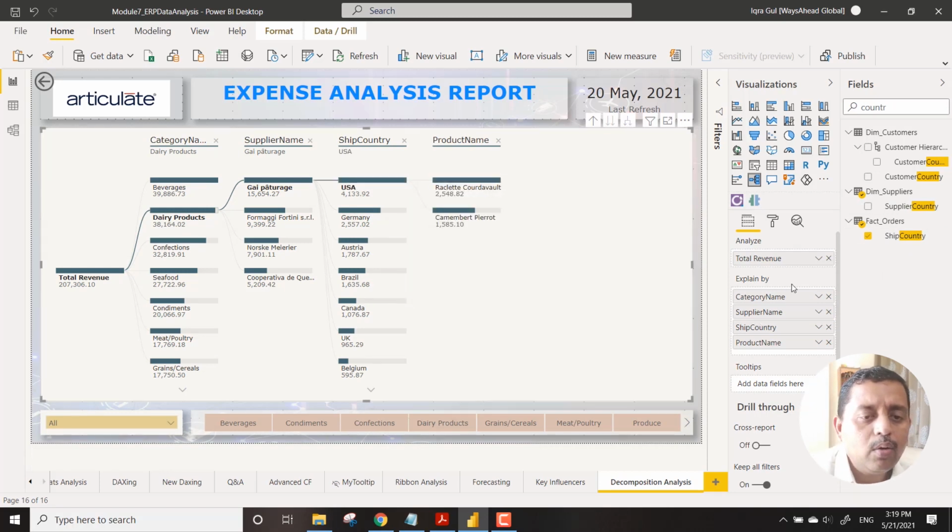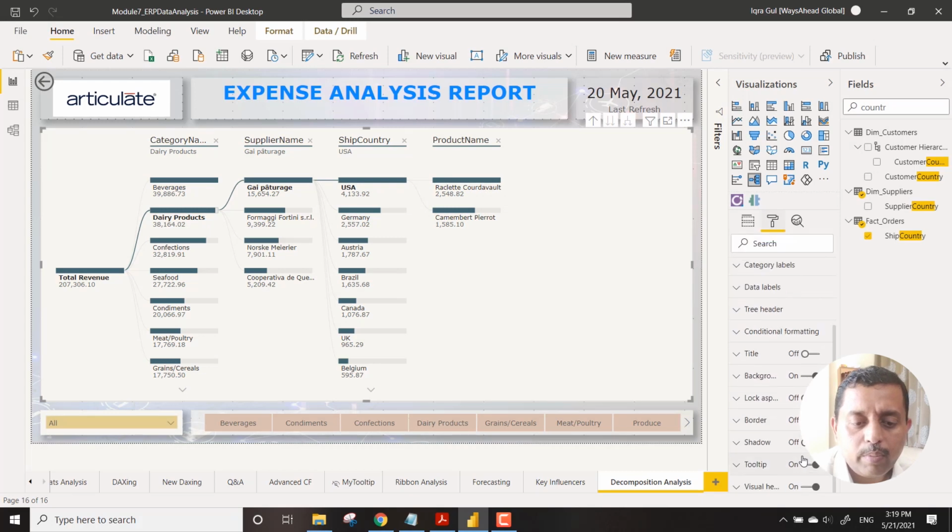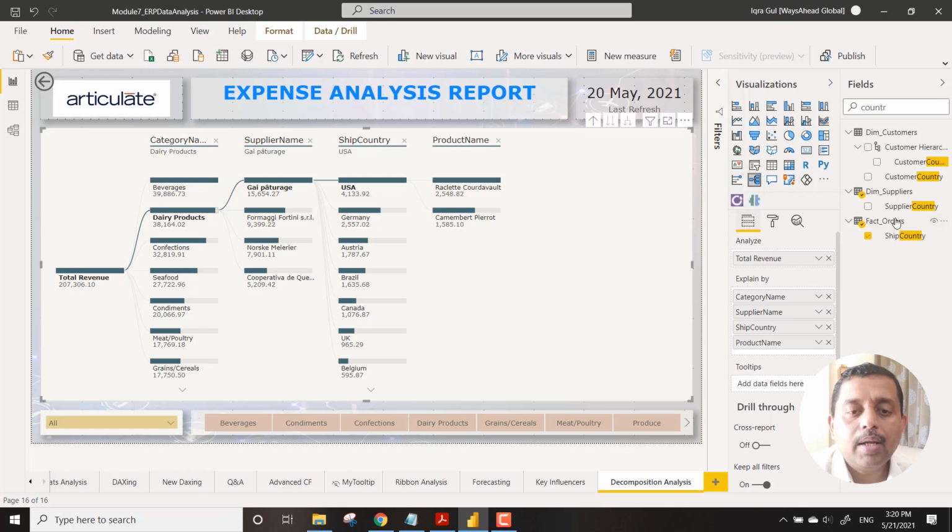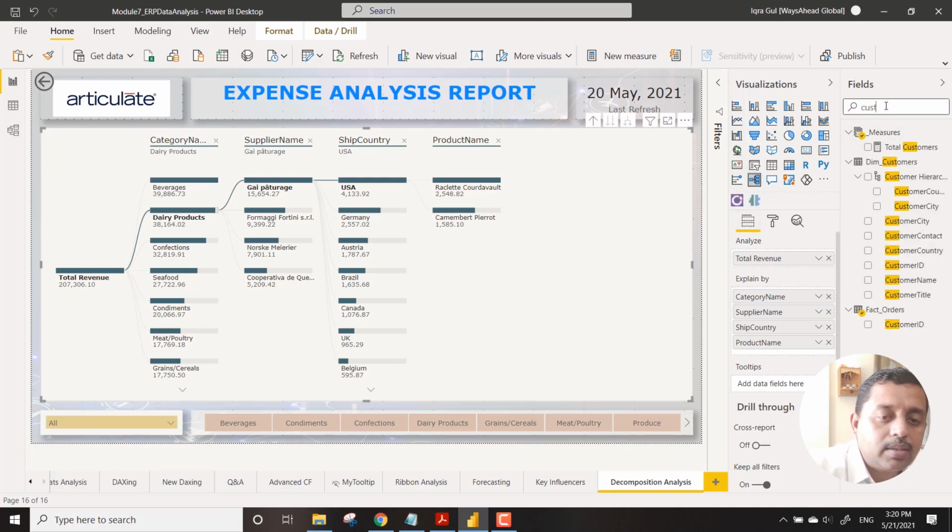And now you can see it over here. Just a moment, let me remove the tooltip. So from the total revenue, now we have come to the product name also. Suppose I want the customer in between, so I can bring in the customer, and you can see the customer name.